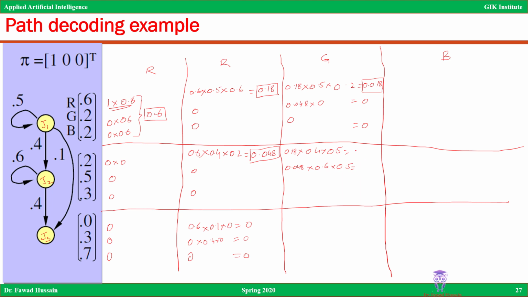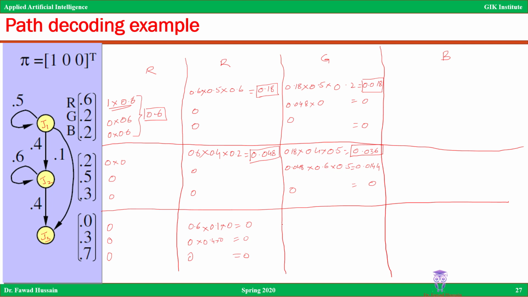So this is going to be 0.036. Here we have 0.0144, and this is going to be 0 because I can't move from the third jar to the second jar. So between these three values, this is the maximum value.